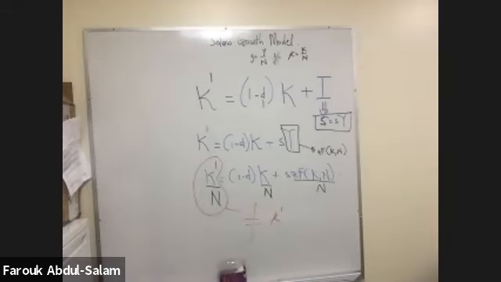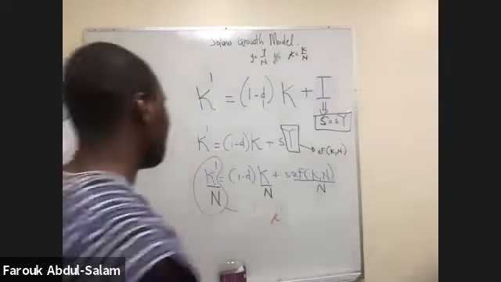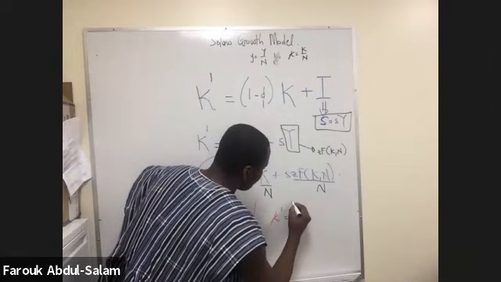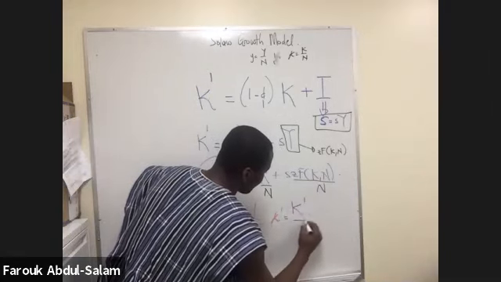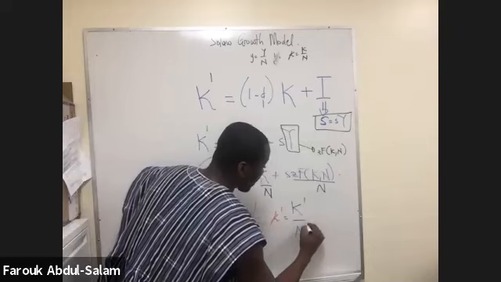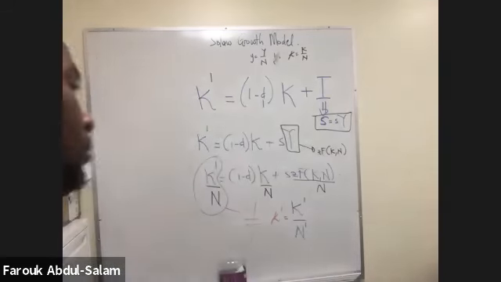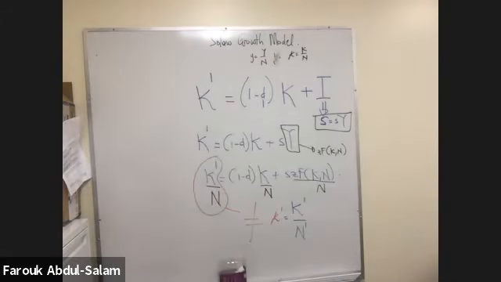Because small k prime is big K prime divided by big N prime. But if you just divide big K prime by big N without a prime, then they wouldn't be the same. Is that okay with everyone?